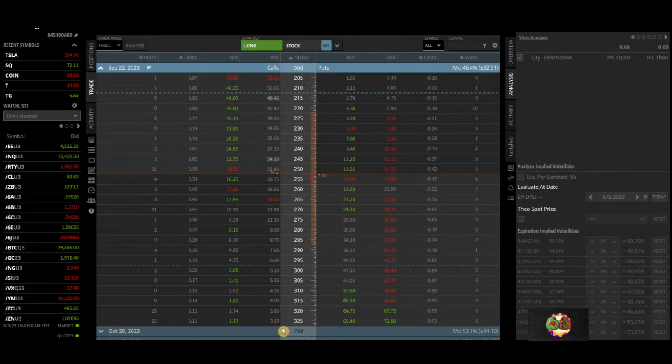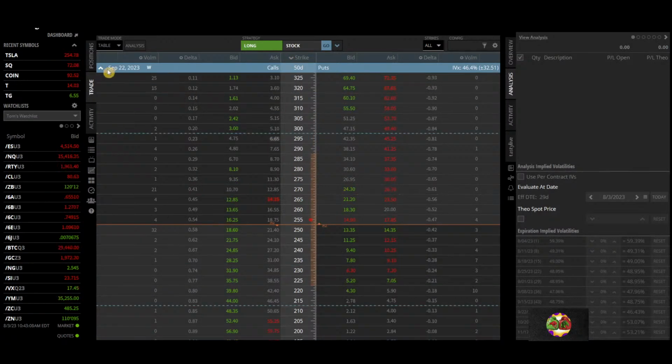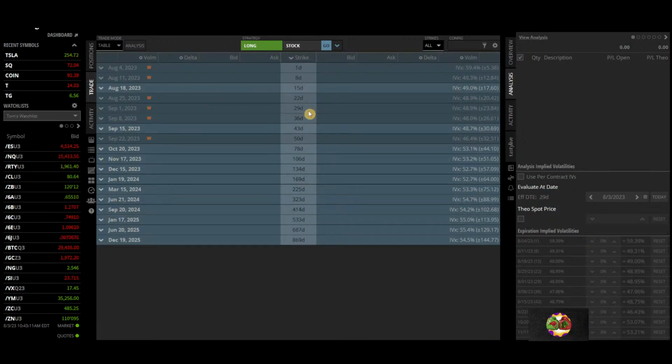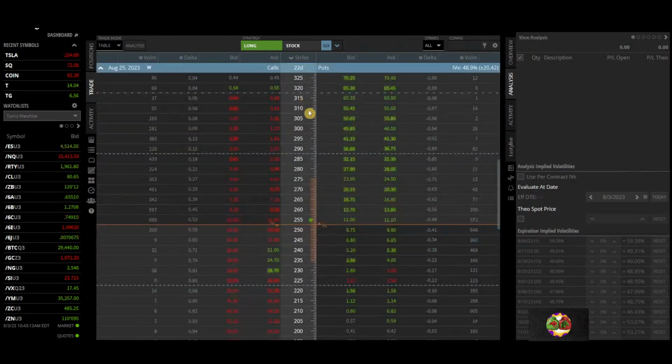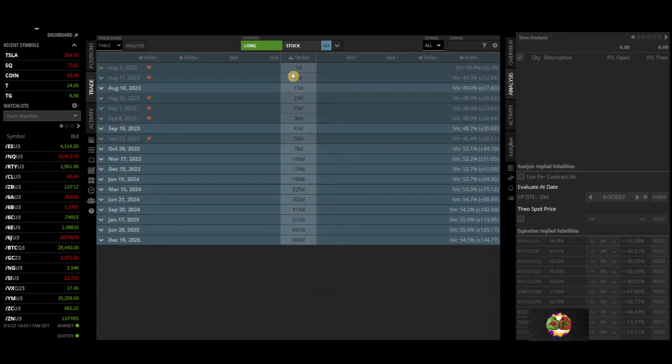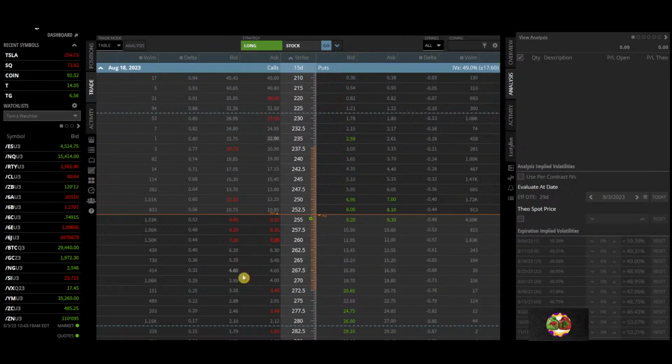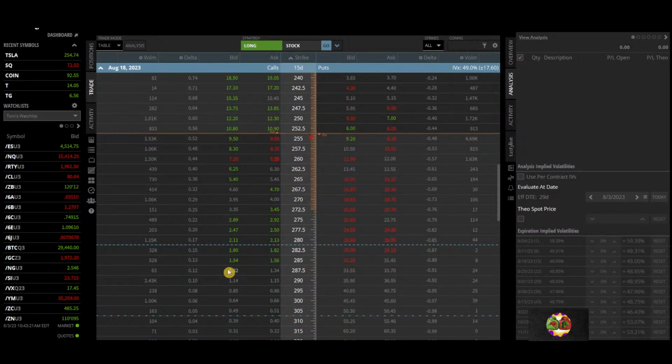So you can see the closer days have a better bid-ask spread. These far away ones don't have liquidity yet, but it changes that quick. This is out of the money on the call side. The bid-ask spreads are tighter.